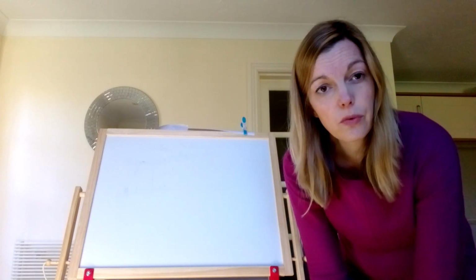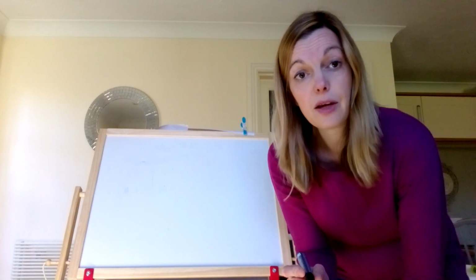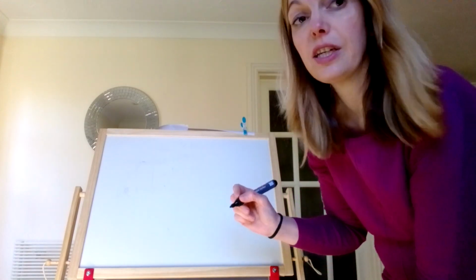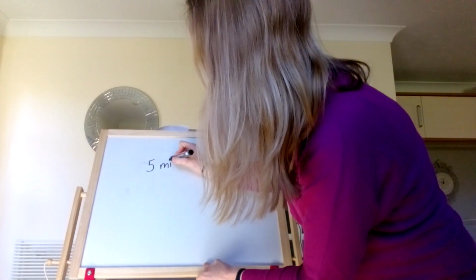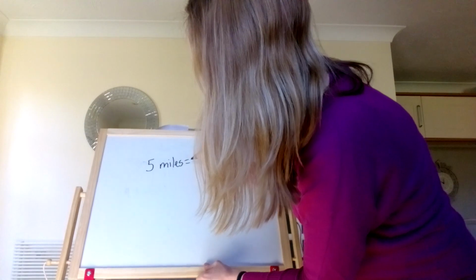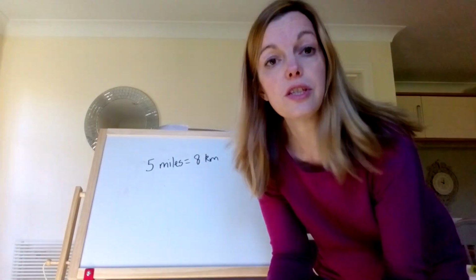The one that gets a bit more complicated is miles to kilometres, because the fact that they will give you in a question is this. They will say 5 miles is worth about 8 kilometres.